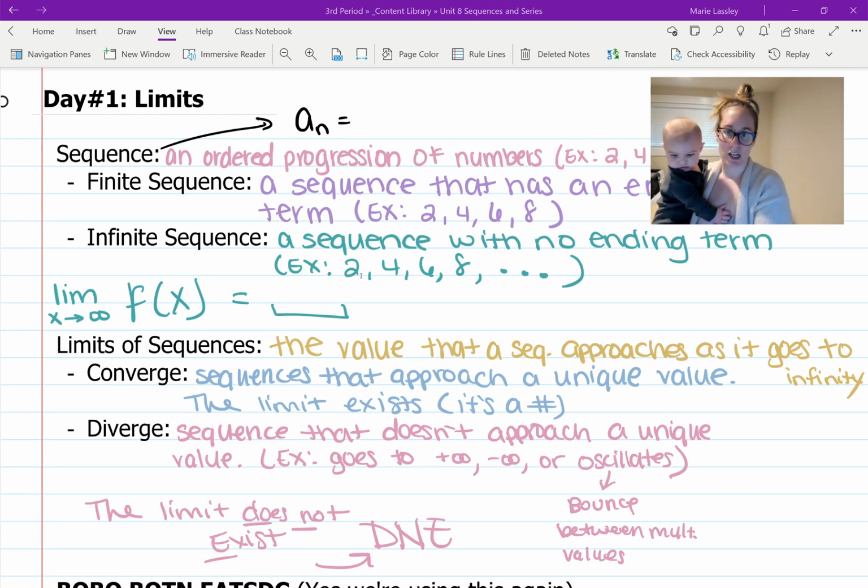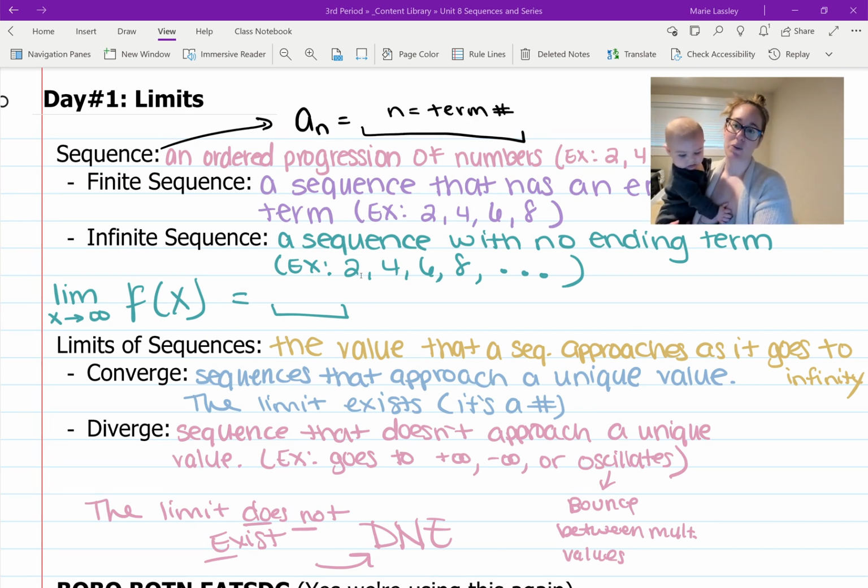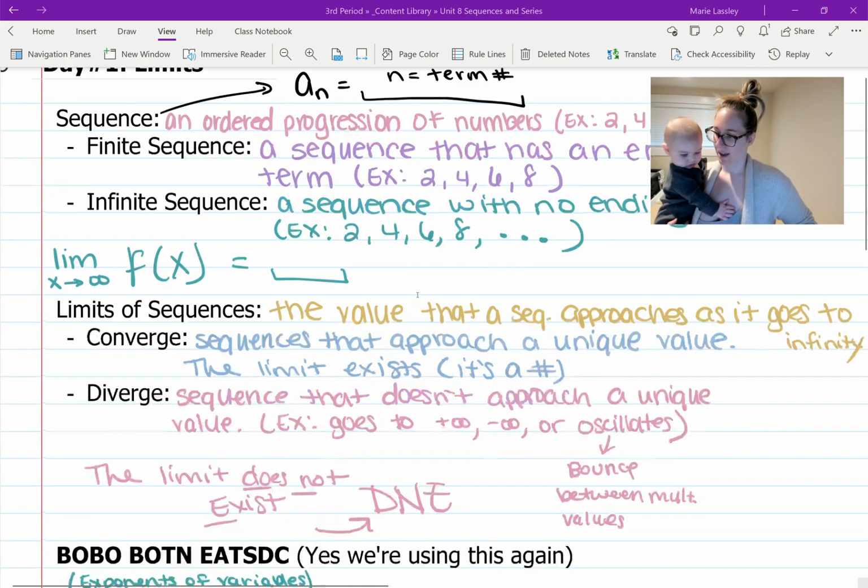A sub n is your symbol for a sequence, where n is your term number. For the first term of a sequence, we would call that a sub 1. For the second term, we would say a subscript 2. So a sub n is the sequence itself, where n is our term number. I probably should have mentioned that, but that's okay.